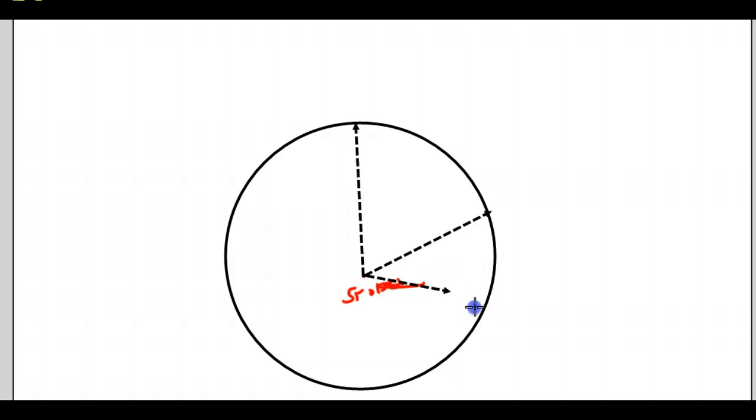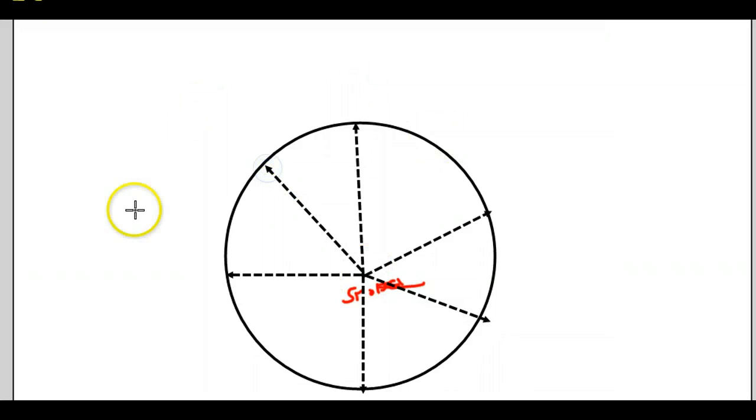They assign people sectors of the circle to search, because if a person can only travel this far, they can only go within this region, and that's the region they look at based off the radius.